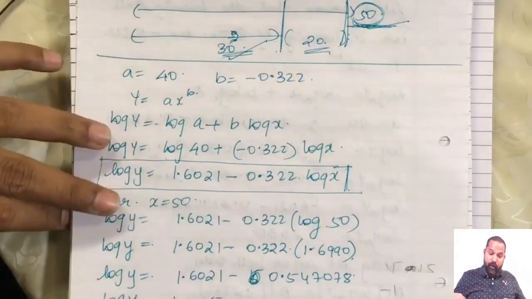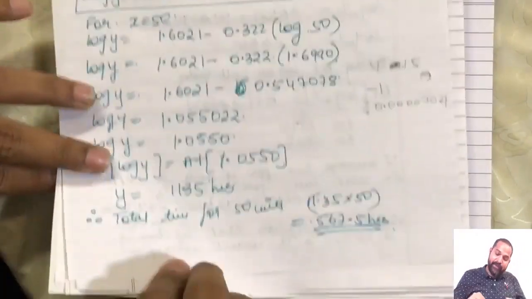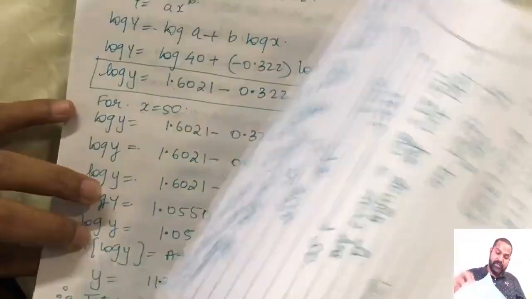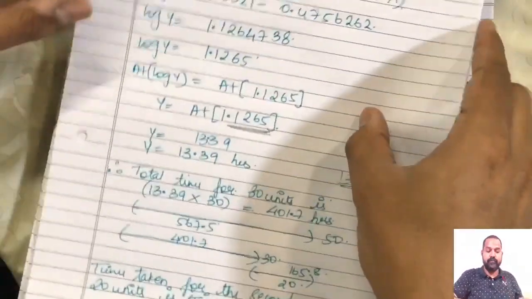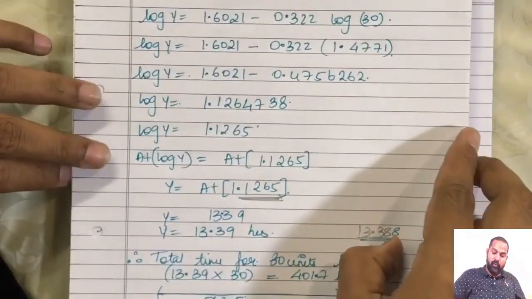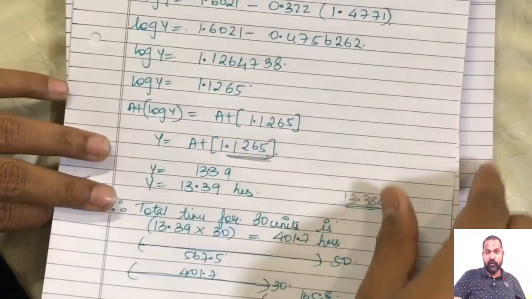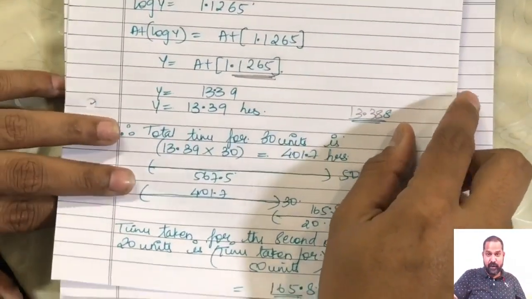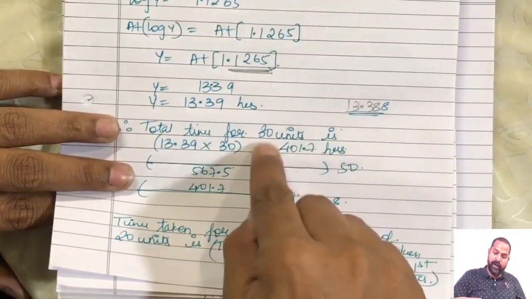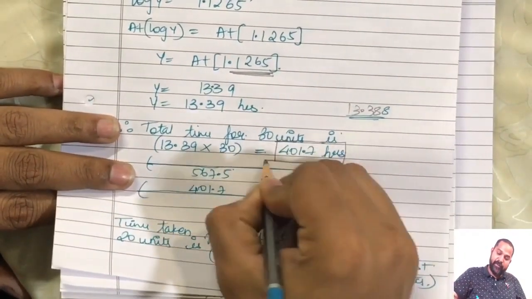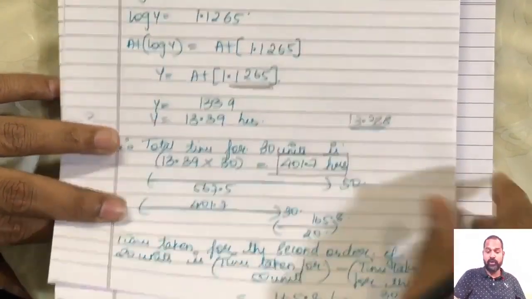Yes. The time taken for 30 units is a total of 401.7 hours.